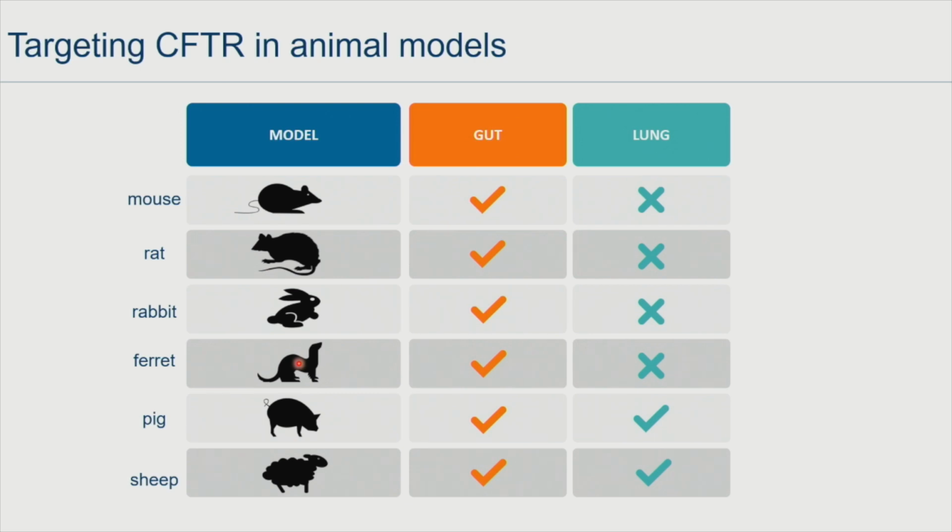When we look to animal models and we target CFTR, we can see a consistent gut pathology that is very severe, fully penetrant, and evident in all species. These data suggest that CFTR has a strong impact on the gut. If we look to the lung, we cannot see a similar picture because the lung pathology is evident in pig and sheep, but is not evident in other species.